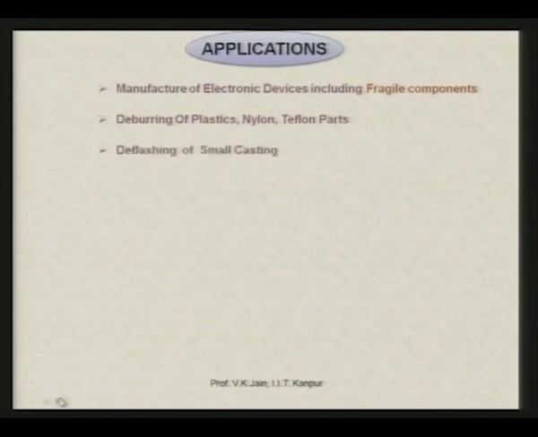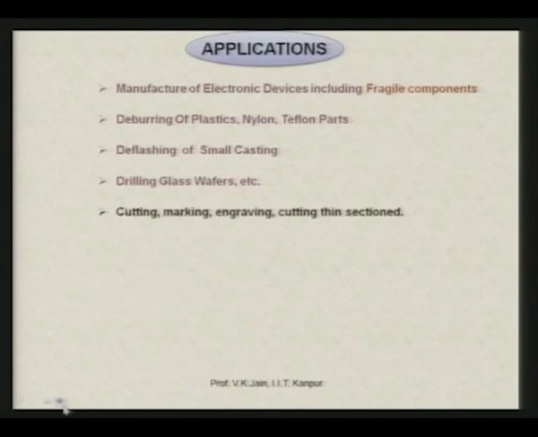Deflashing of small castings: the excess material which is not useful after you obtain the casting can be deflashed or cut with the help of the AJM process. Drilling of glass wafers etc. can be done. Cutting, marking, engraving, cutting thin sections, these are the applications where AJM is widely used.